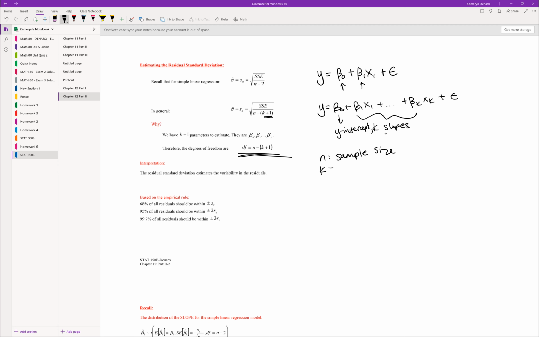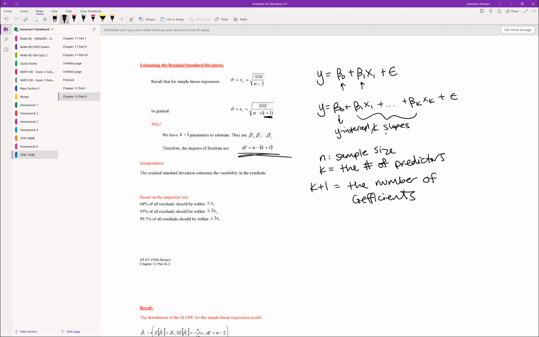K is the number of predictors, and so k plus 1 is the number of coefficients, right?